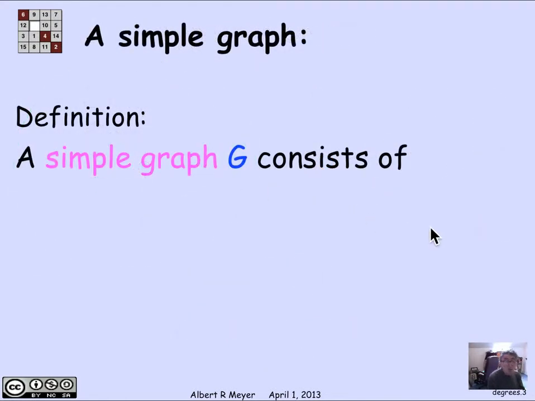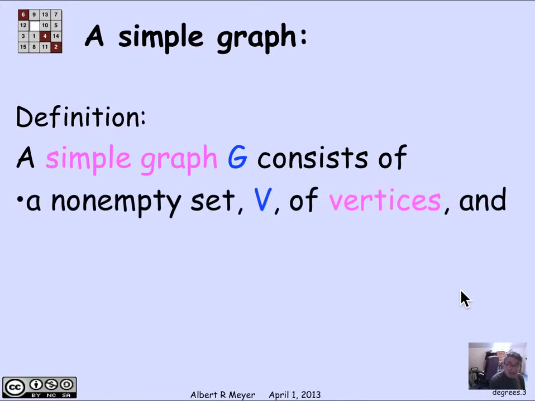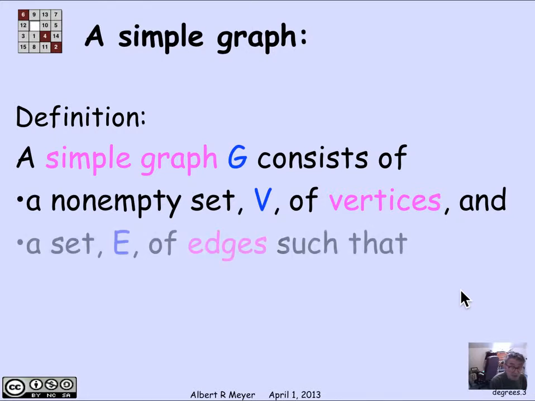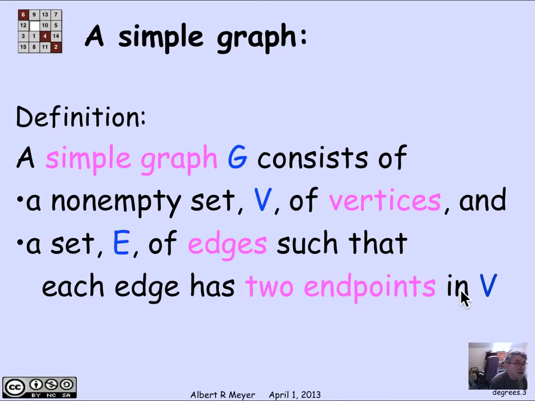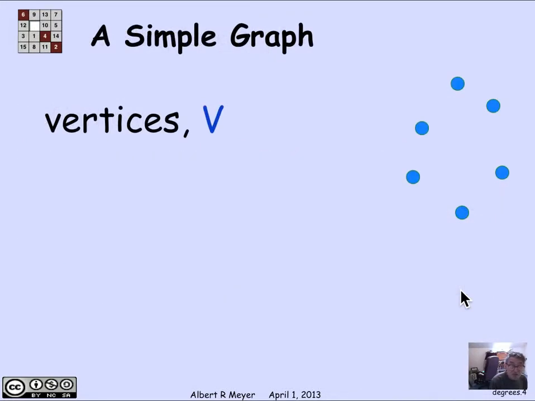Okay, so the formal definition of a simple graph is that it's an object G that has a bunch of parts, namely, it has a non-empty set V of vertices, just like directed graphs, and it has a set E of edges, but the edges now are somewhat different since they don't have beginnings and ends. An edge just has two endpoints that are in V, and we don't distinguish the endpoints.